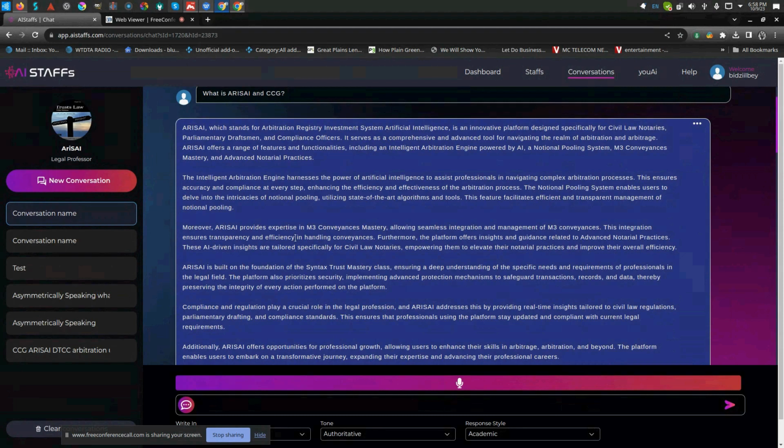This integration ensures transparency, efficiency, and handling conveyances. 99% of the problem is folks don't understand how to handle conveyances. I'm telling you, as a civil law notary, a fellow civil law notary, a compliance officer, a parliamentary draftsman, all of that, it is a rarity that you will run into someone in the public who understands how to convey an M3 asset.